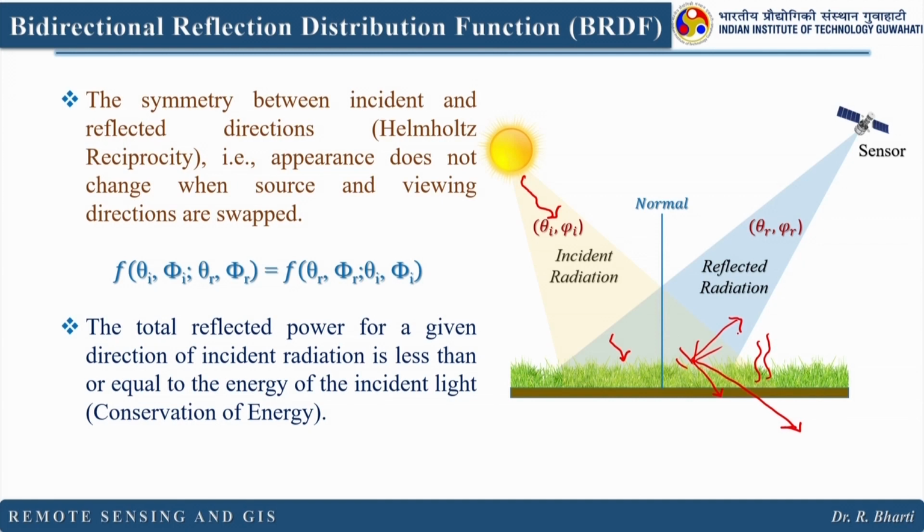So, the total reflected power is less than the incident, because we measure only the reflected, backscattered or emitted one. We are not measuring the other parameters.